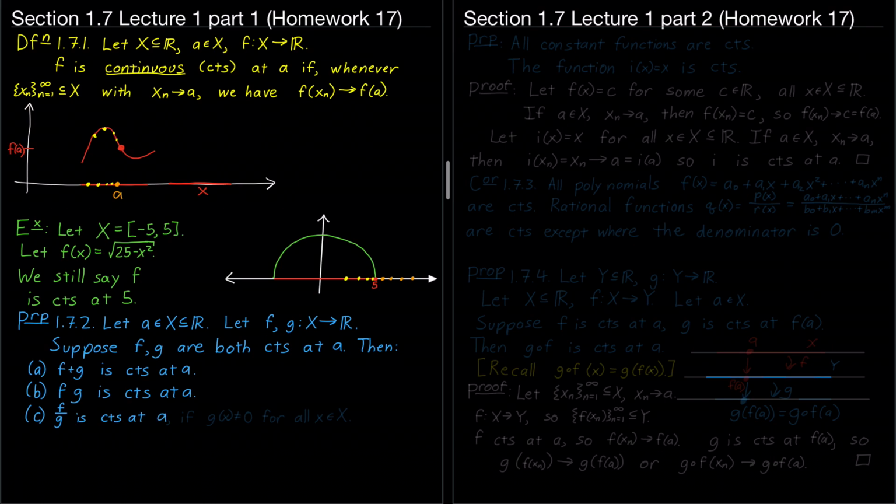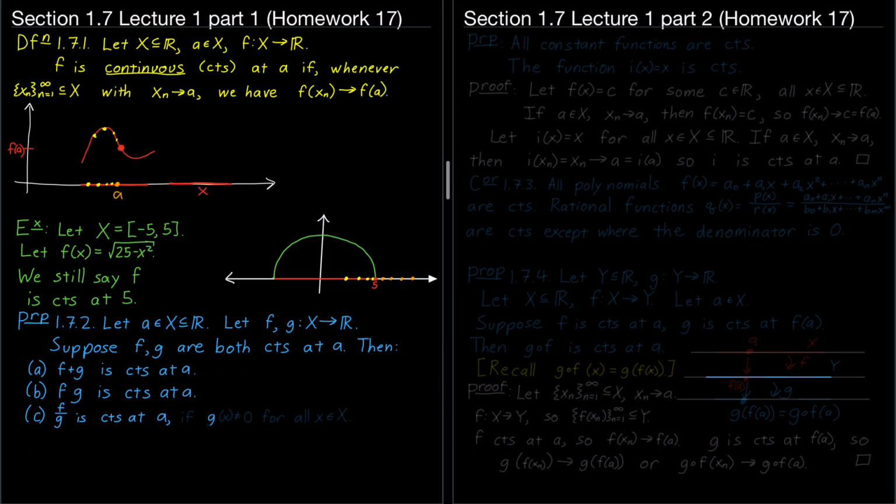Now, if you remember proposition 1.3.6c, that only works if your denominator is eventually not zero. And a little while later, we'll be able to talk about conditions where we can force the denominator, g of x_n, eventually not to be zero.